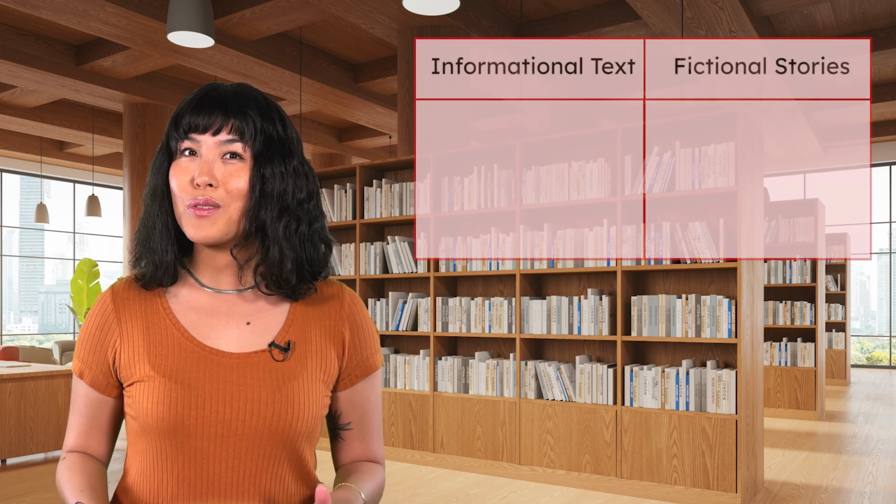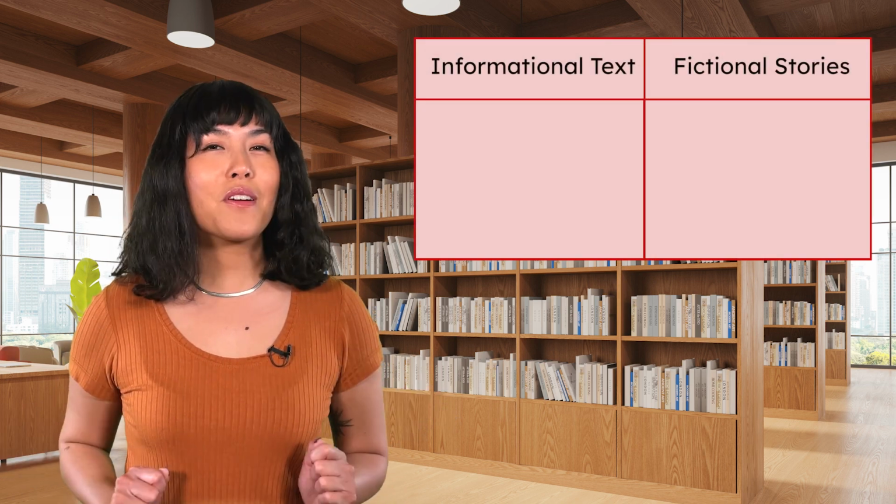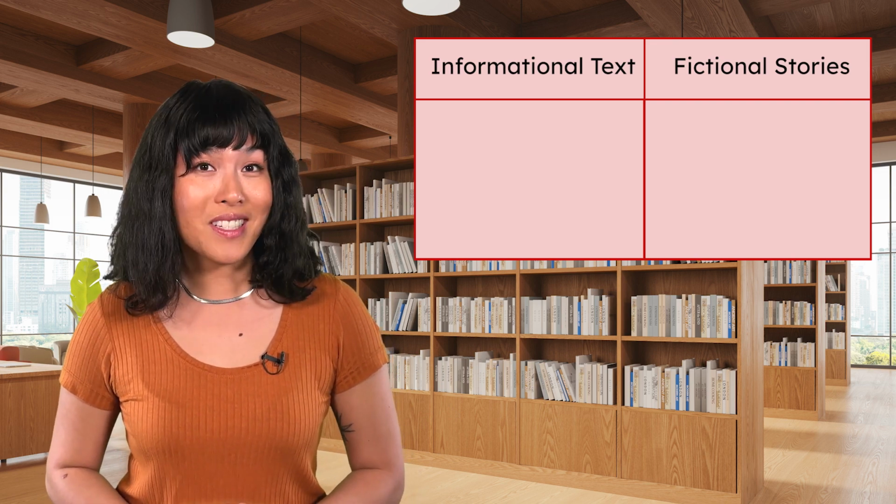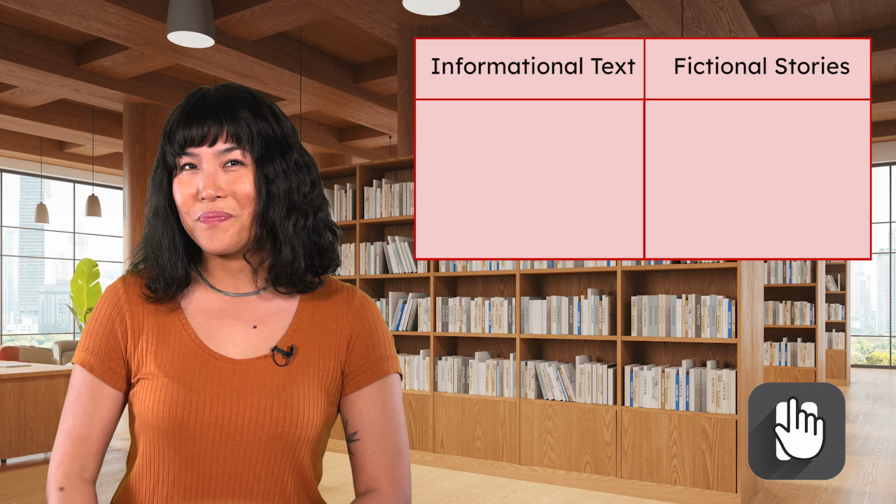Libraries are full of both informational text and fictional stories, and it's important to be able to tell the difference between them. So, what are the main differences? Let's use a chart to record them. First, pause here to record the differences you remember in the chart. Then we'll review.